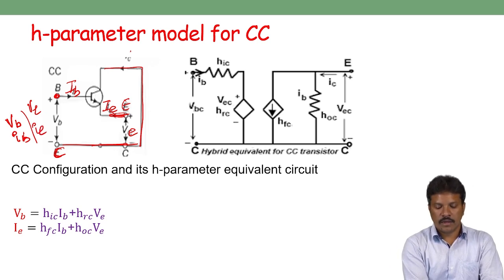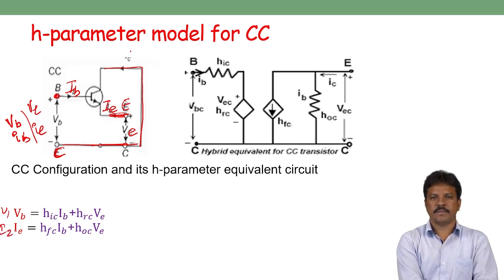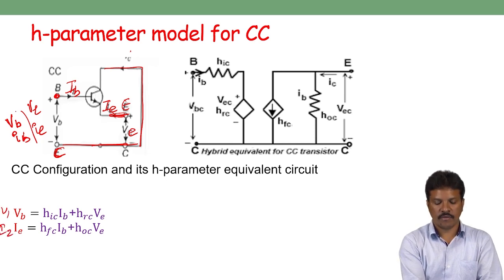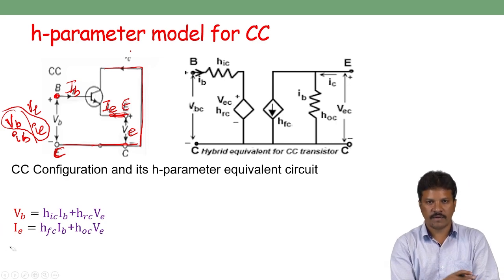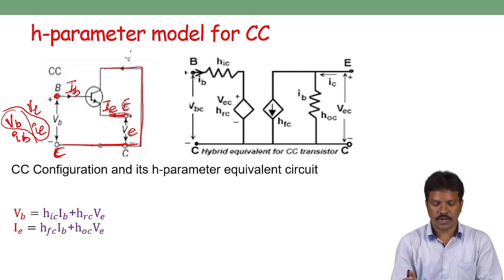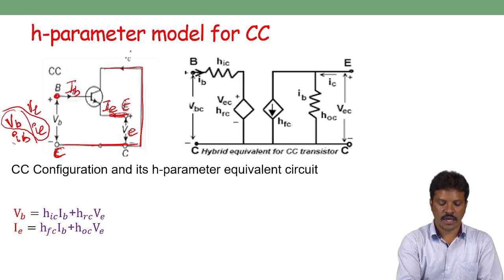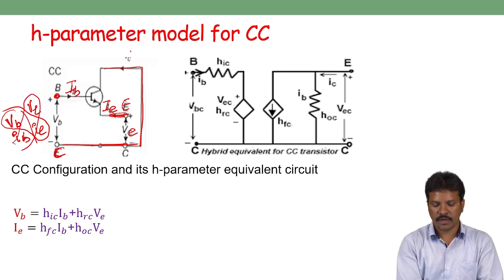In our generalized equations, V1 is the base voltage, and I2 is the emitter current. So VB and IE are the left side parameters, and the remaining parameters are IB and VE.